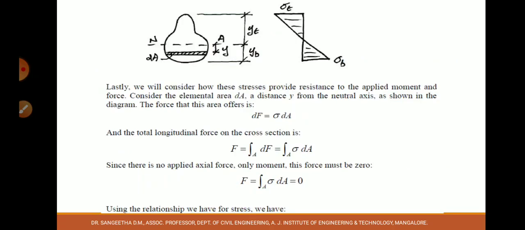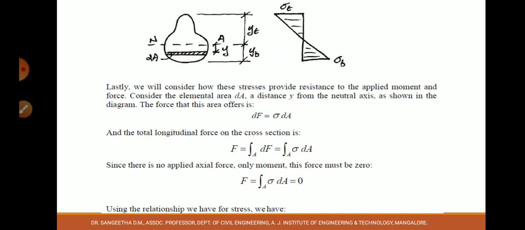Now take an element, again at a distance y from the neutral axis. So we will bring in the force concept. The force in the elemental area is equal to stress into elemental area. If we want to find the force of the entire member, force is equal to the integration of the elemental strip, sigma into dA.